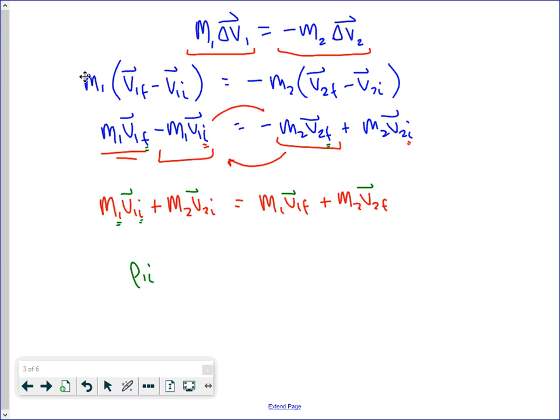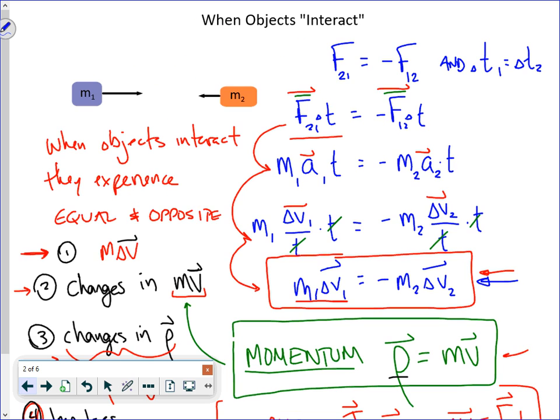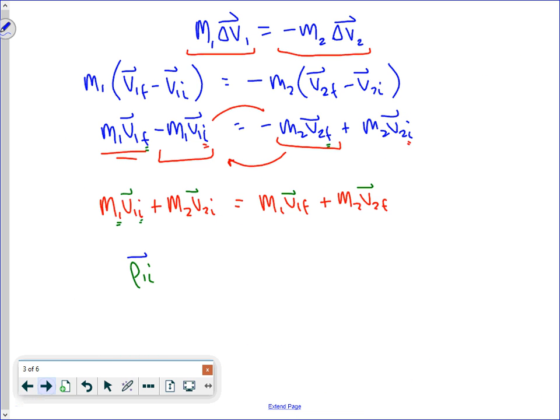And p, as I said before, is a vector. And look, here's the second one's initial momentum. And then here's the first one's final momentum. And here's the second one's final momentum.